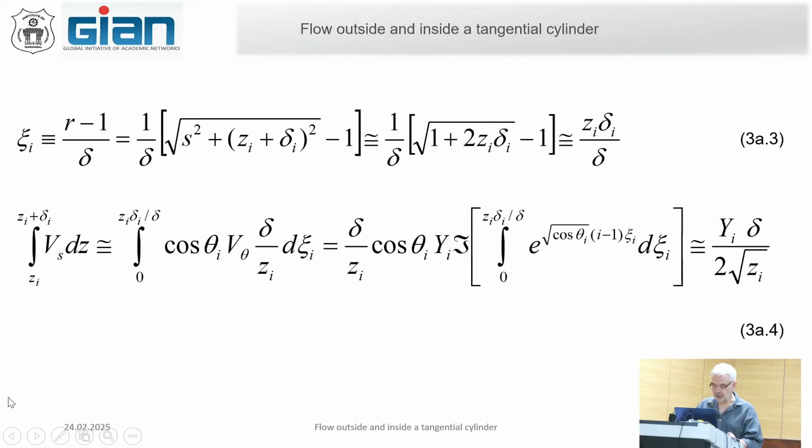So eventually, after some manipulation, a quite obvious expansion in small values, we get a very simple result. Here the result is shown for the inner boundary layer. Of course, a similar result holds for the outer boundary layer.